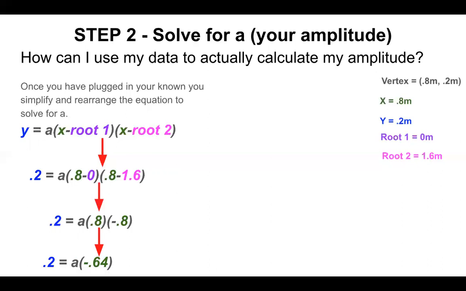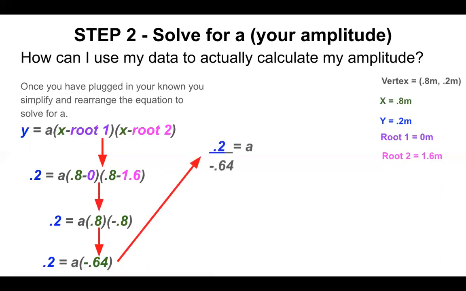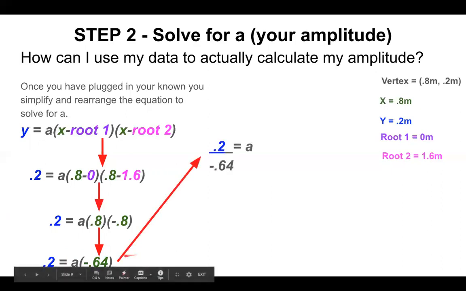Now, in order to solve for a, for my amplitude, I have to get that a by itself. The best way to do this is to do the opposite of what's happening here. Right now, this is multiplication, and the opposite of multiplication is division. So in order to get a by itself, instead of multiplying by negative 0.64, I divide by negative 0.64.